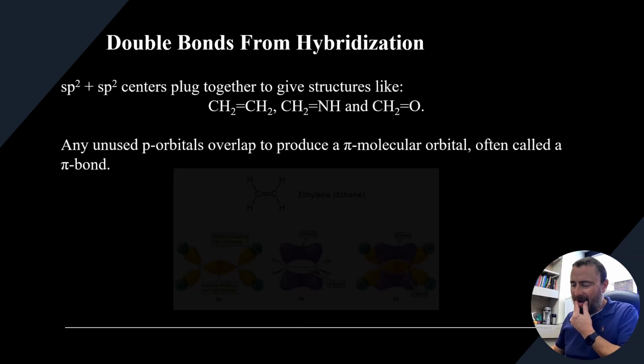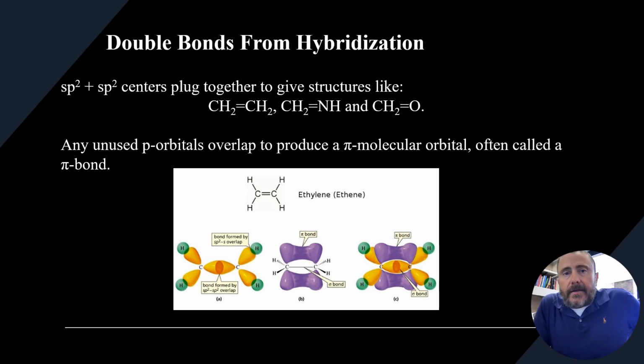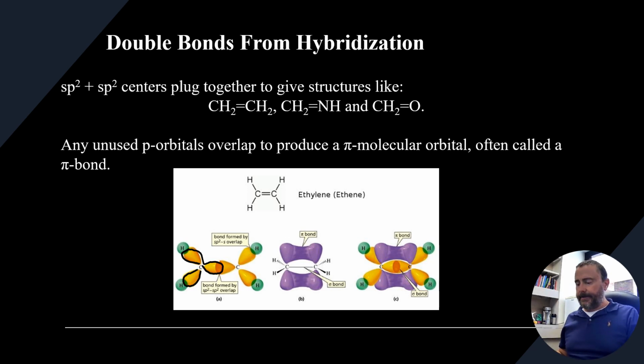Okay, so a double bond comes from something like our CH2, where sp2 overlaps. What I mean by an sp2 overlap is that our sp2 has these shapes here.